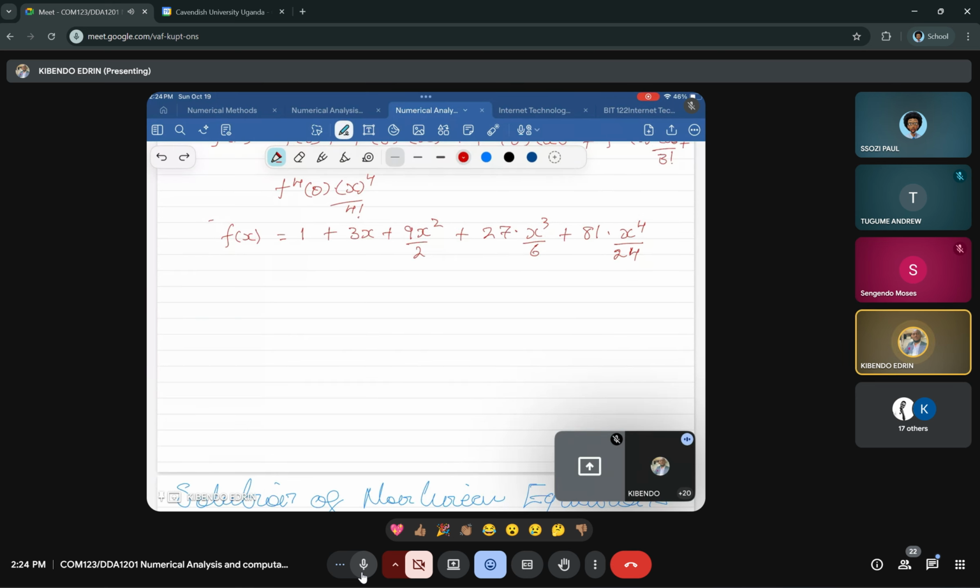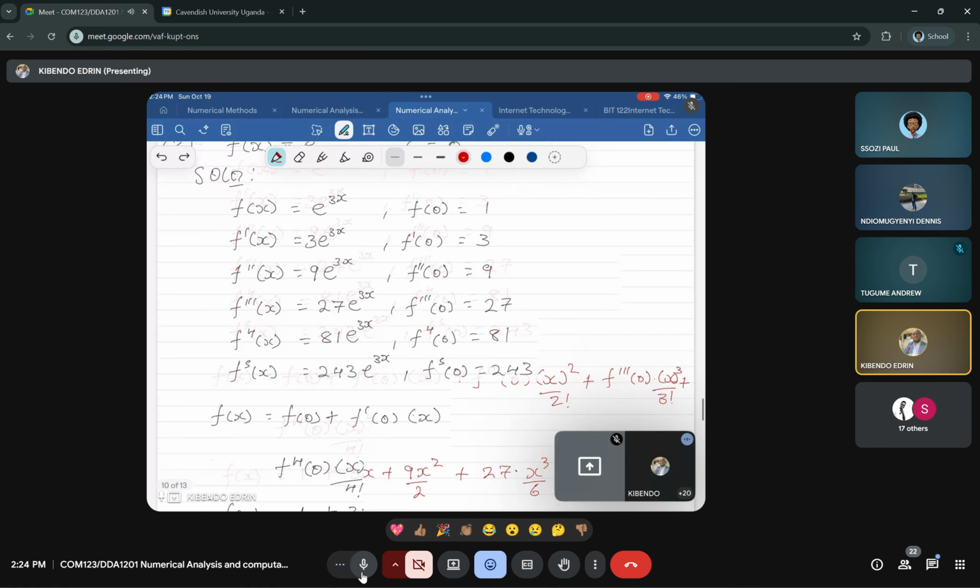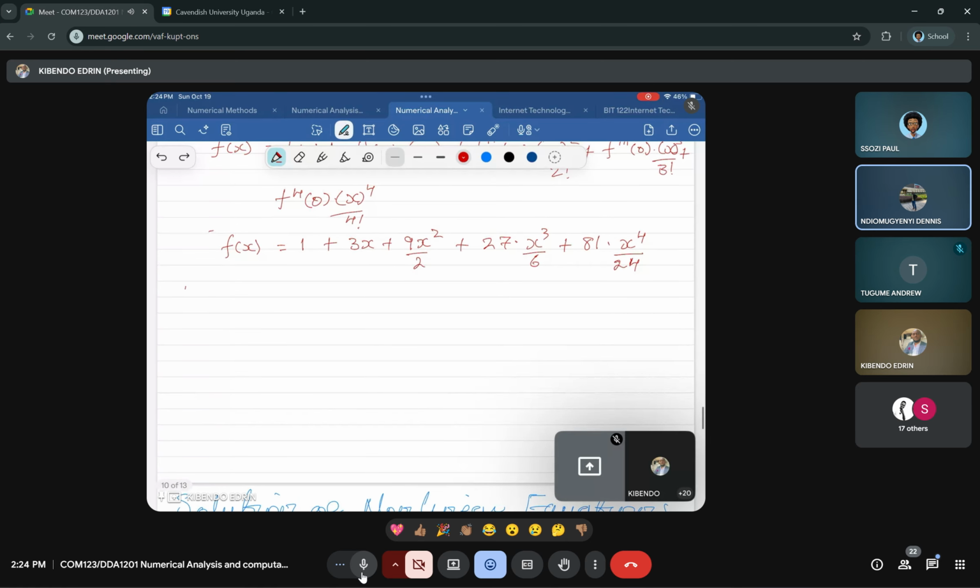Okay. The last one is for Tugume. Find the first 4 terms. This was number 1. Tugume Andrew, take up. Tugume must be sleeping, probably.